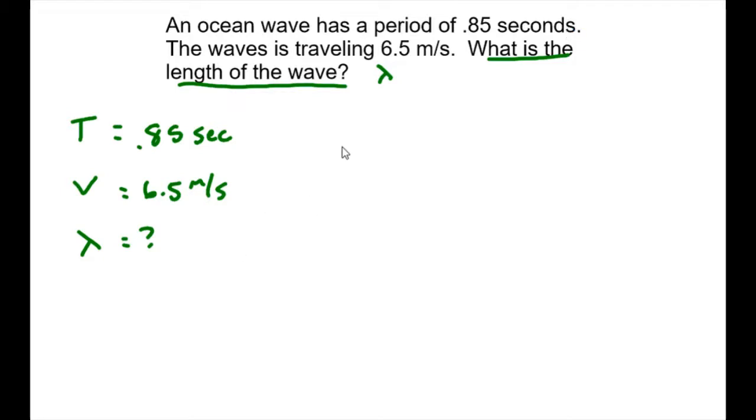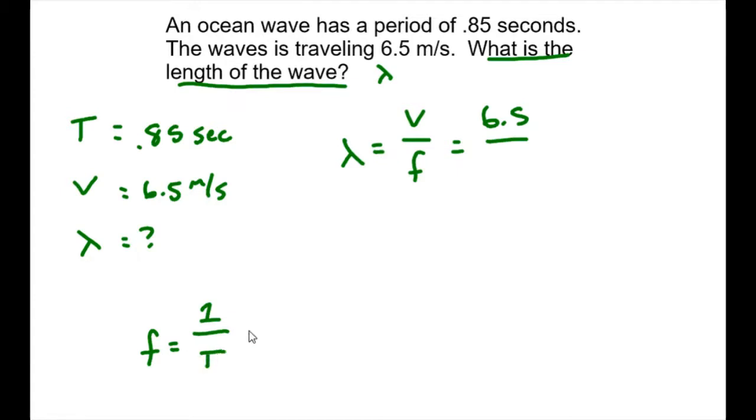Well, for wavelength, we really only have this option here, which is velocity divided by frequency. The velocity we have, 6.5. The frequency we don't. But we do know that frequency is 1 divided by the period.